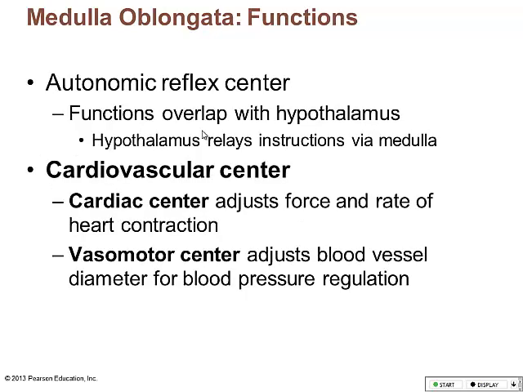Autonomic reflex centers are also found in the medulla oblongata. What's autonomic reflex centers? Something that happens what? Automatically, right? So we see autonomic reflex centers in the hypothalamus. We automatically do the movement part, but then we're aware of what we did, right?